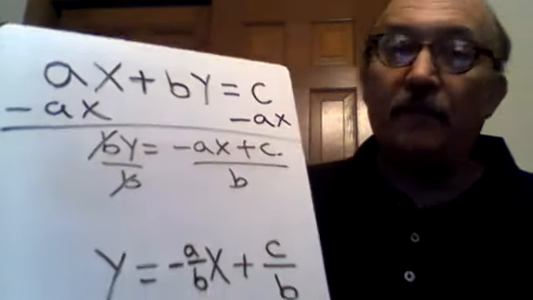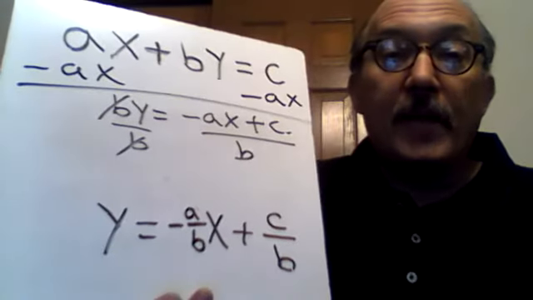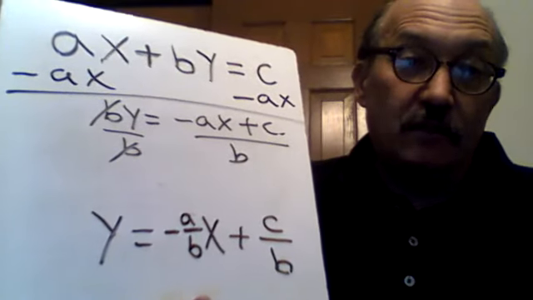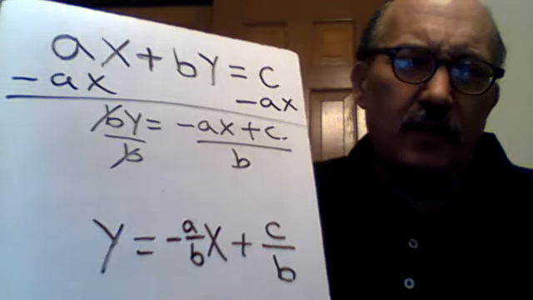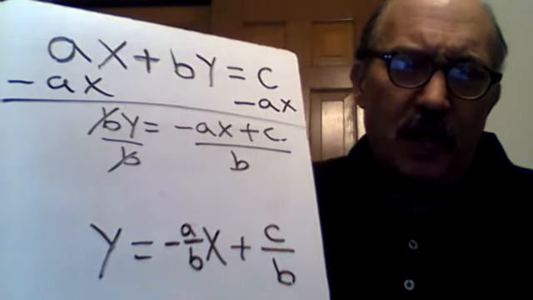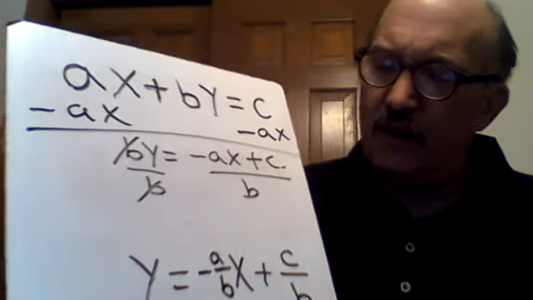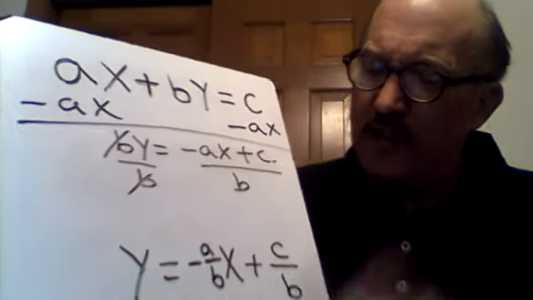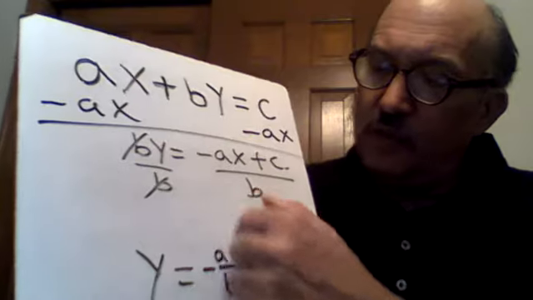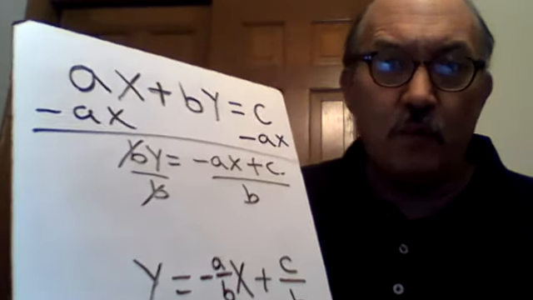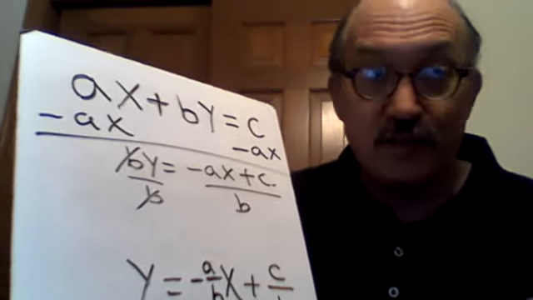C over b there. So one, I think, last thing to say. What mathematicians have done is to kind of make this easier. They'll say, all right, instead of writing y equals negative a over b x plus c over b, let's just replace the negative a over b with a letter. And the traditional letter for that is m. This m is just to make it easier.